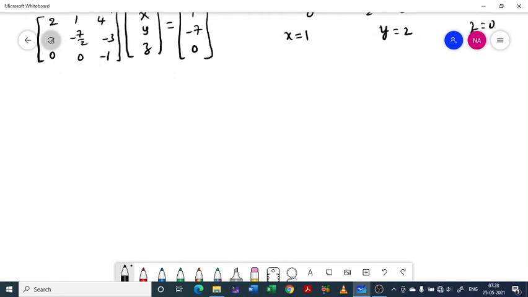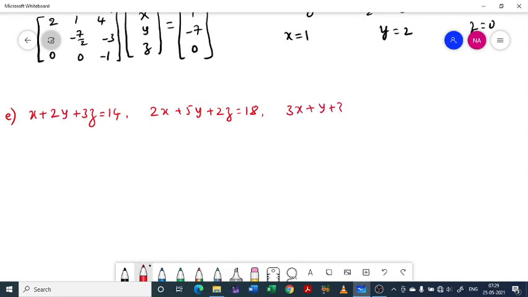So there are some problems which we cannot cover in this video. So take these as exercise. E, x plus 2y plus 3z equal to 14. 2x plus 5y plus 2z equal to 18. 3x plus y plus z equal to 20.